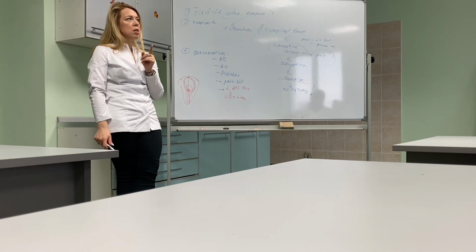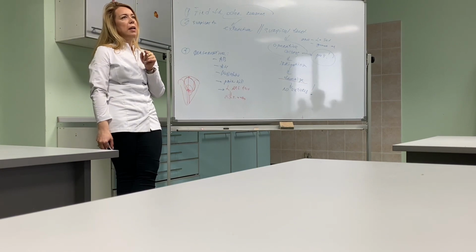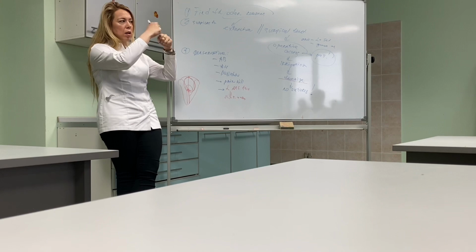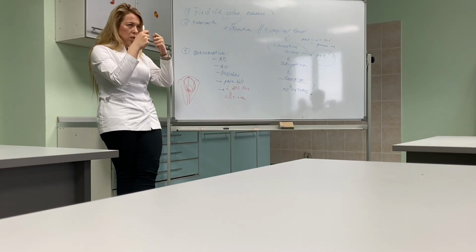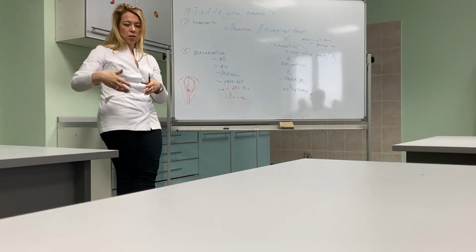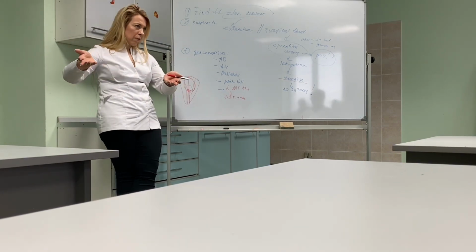In some books, you can read that we have a special irrigation, a mechanical irrigation. It's like a tube fixed with sutures, and it's the active irrigation. We use a special mechanical apparatus.